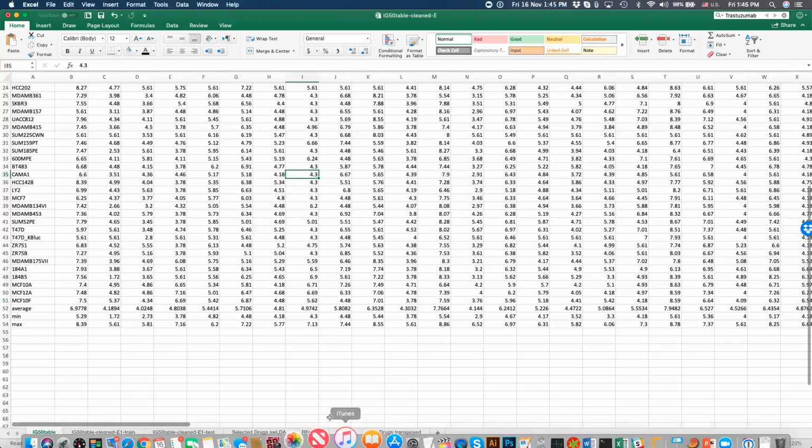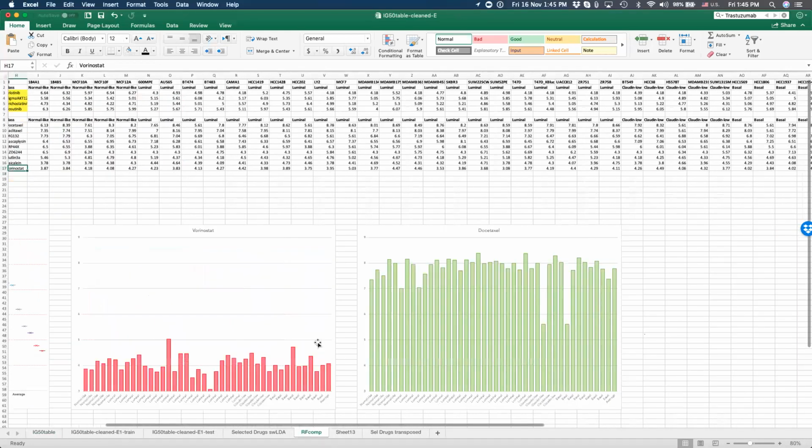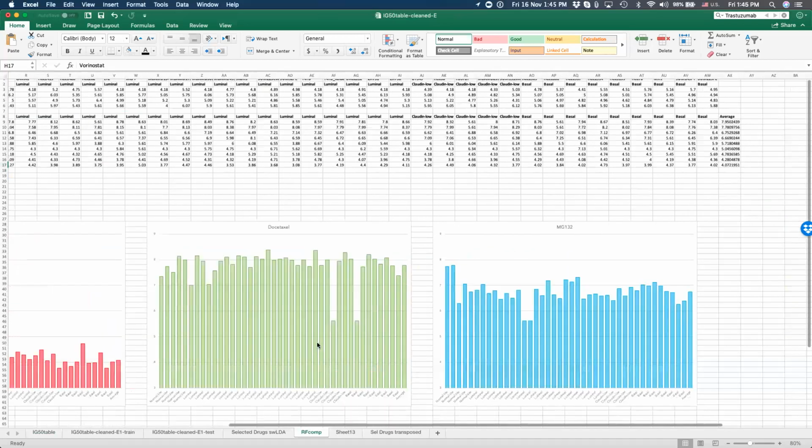And I think here there's an example where we can see some of this. For example, MG132 looks like it is probably more effective for normal-like.